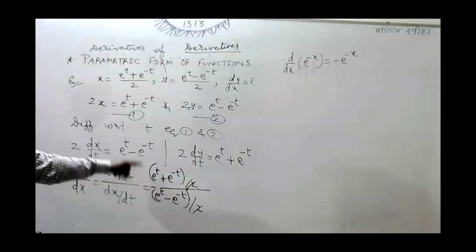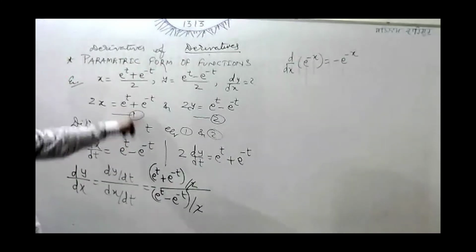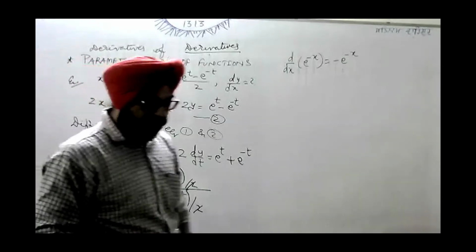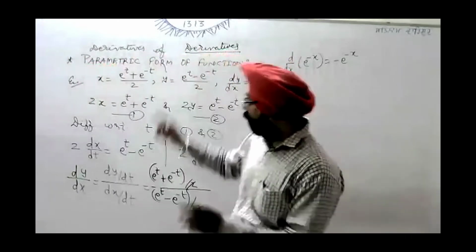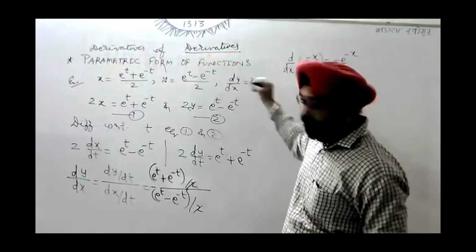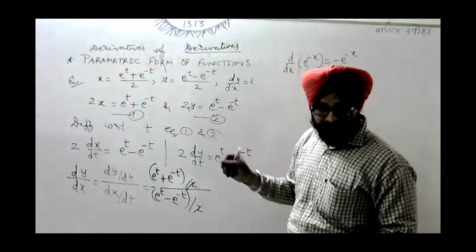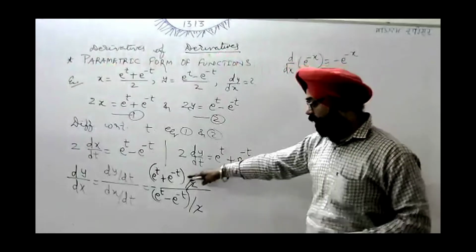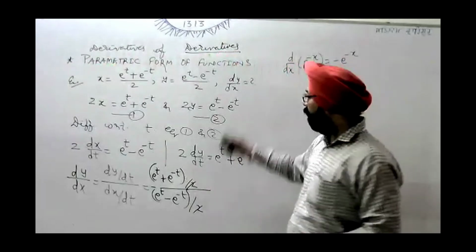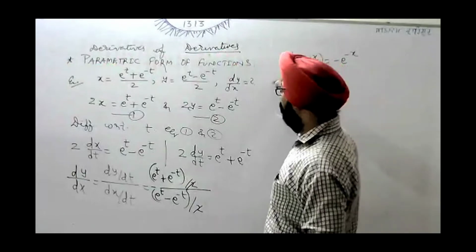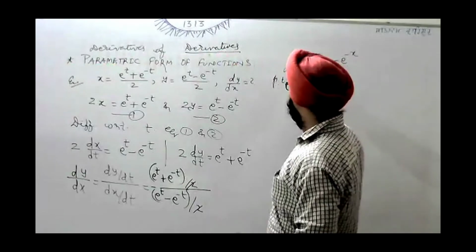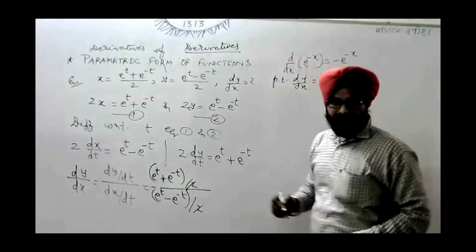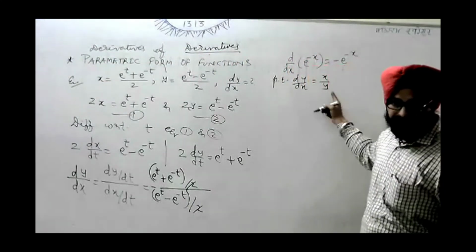But you can compare this value. Somewhere we have seen, go back, this is the value of 2x. Why am I saying? Because in differentiation, every time you will not get such a question as find dy over dx. You may get this also: prove that. If I write this question in another way, prove that dy by dx is equal to x upon y, we need to prove that these two are equal.